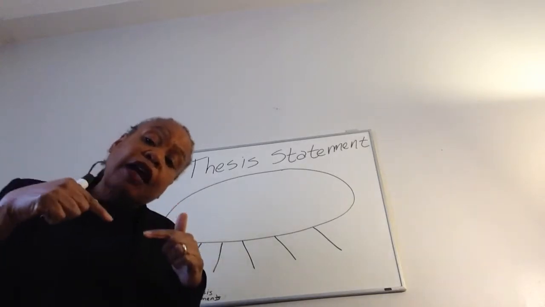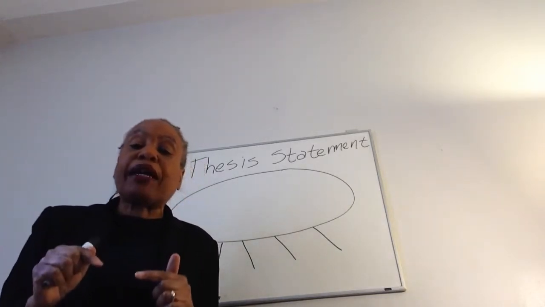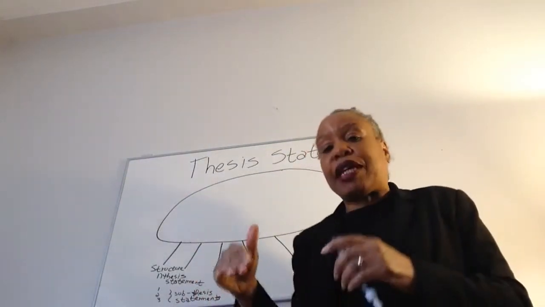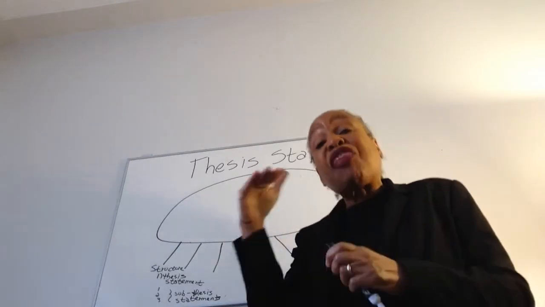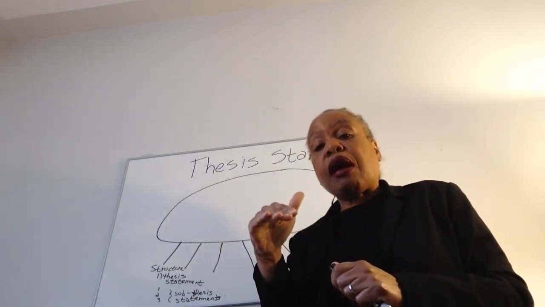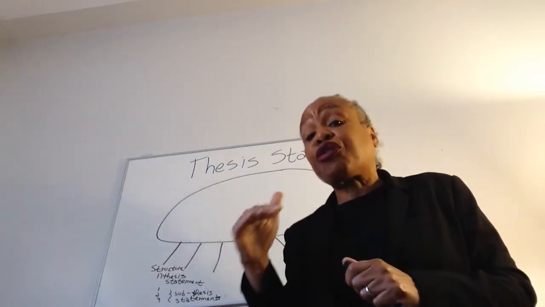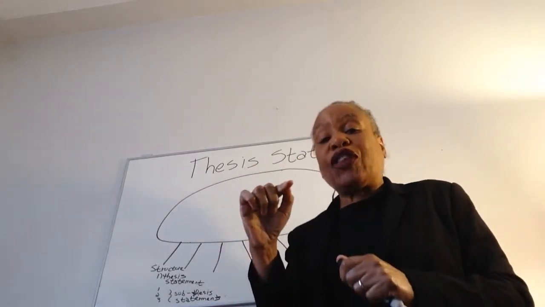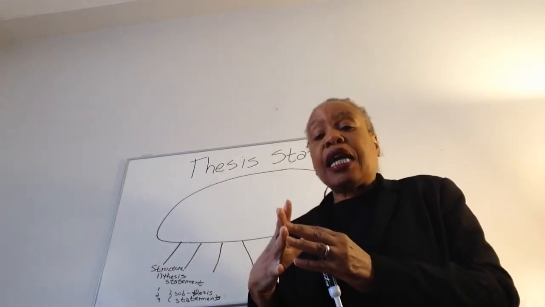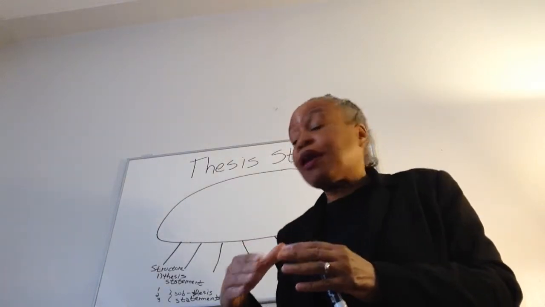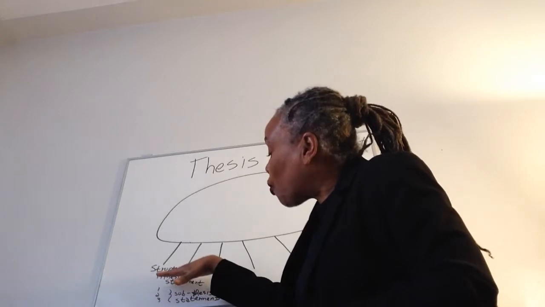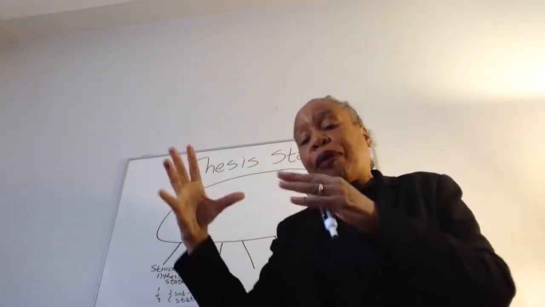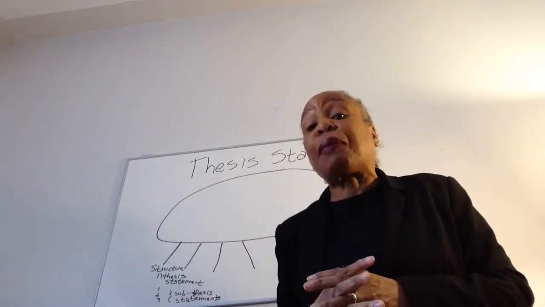And each sub-thesis statement becomes, let me let you just look, see this here. Each sub-thesis statement becomes the thesis statement of a paragraph. So sub-thesis number 1 becomes the thesis or the main idea in body paragraph 1. Because when you put your thesis statement and your sub-thesis statements to open up the essay, that's the introductory paragraph.